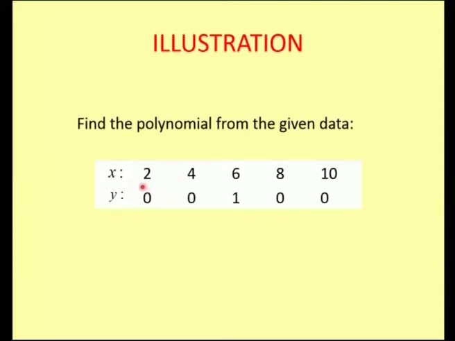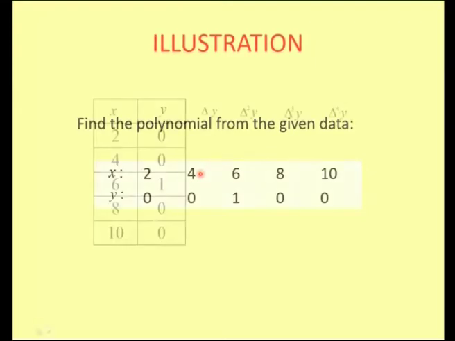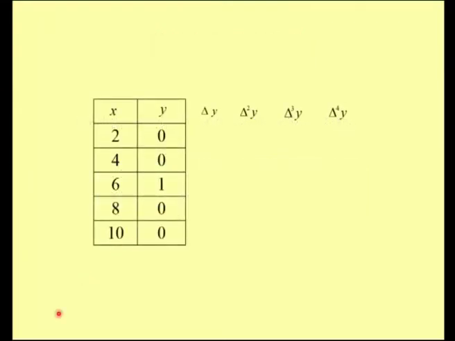X values are given as 2, 4, 6, 8, 10 and y values are 0, 0, 1, 0, 0, and x values are equally spaced at h equal to 2, and the del y are calculated. Del y is 0, 1, minus 1 and 0, and this is 1, minus 2, 1, minus 3, 3 and then 6.